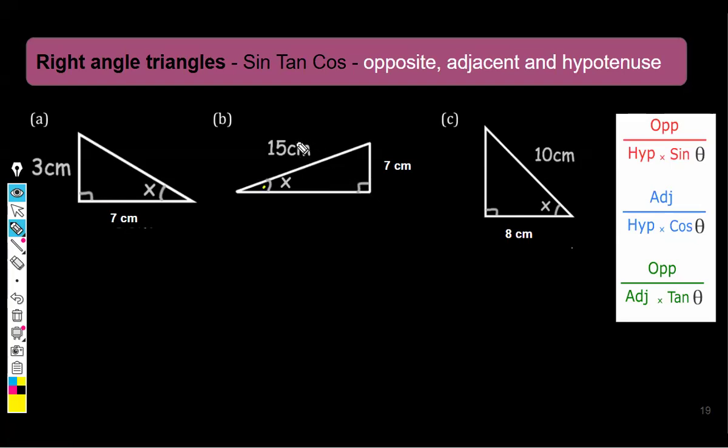Opposite the right angle is the hypotenuse. So this 15 is the hypotenuse. Standing at x, 7 is the opposite based on x's position. And of course, the remaining side is the adjacent. Who is useless in this question? Who has no purpose in this question?